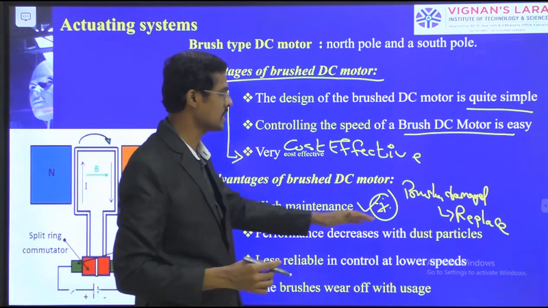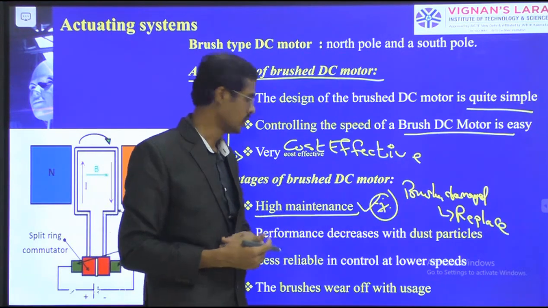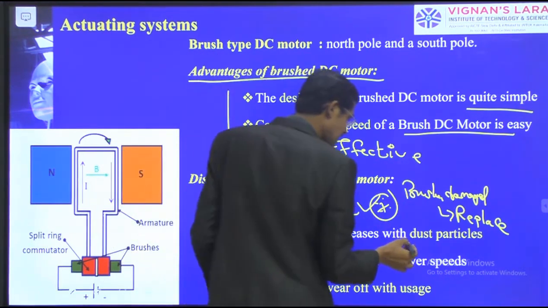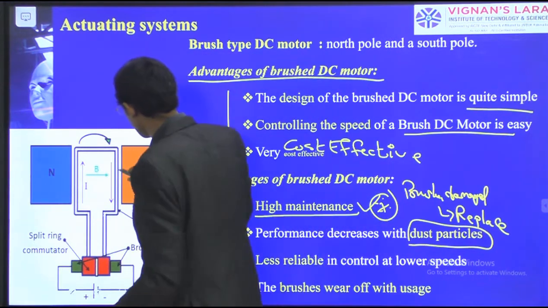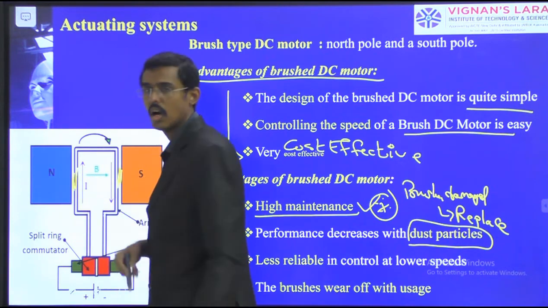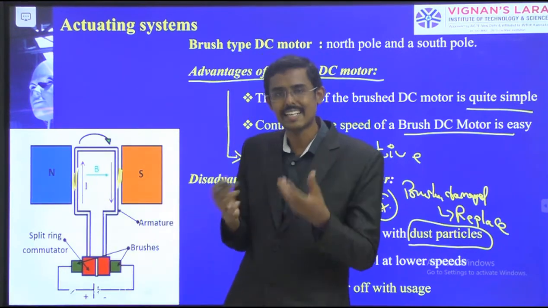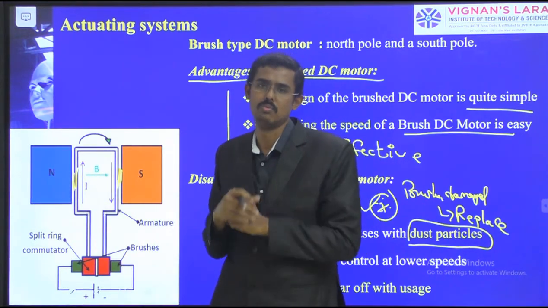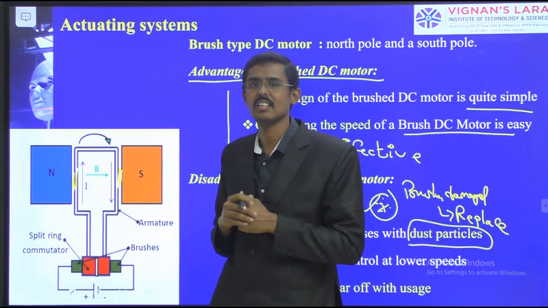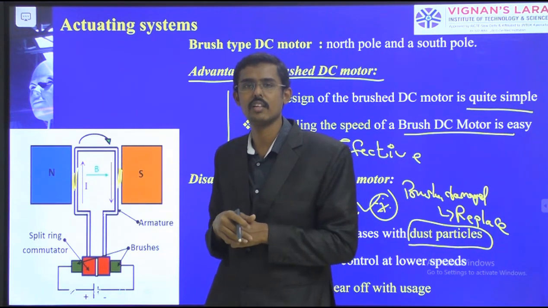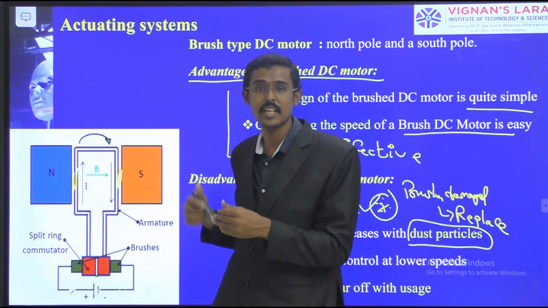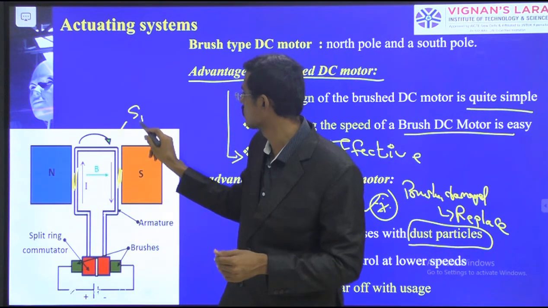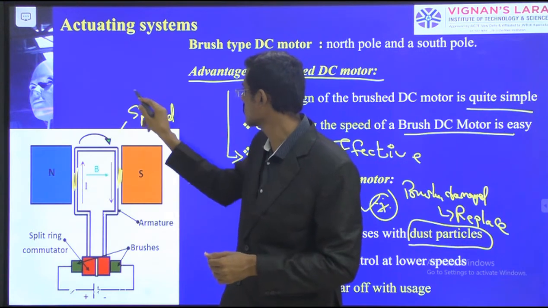Performance decreases with dust particles. When there are dust particles in between, maybe the armature and the north pole and south pole, the attraction is reduced. This reduction in the magnetic field over the armature simultaneously reduces the speed of rotation.